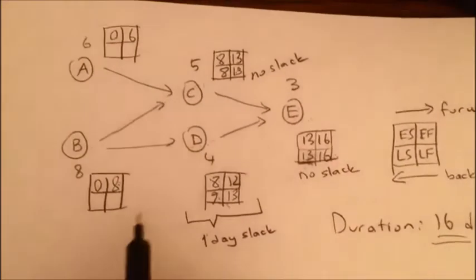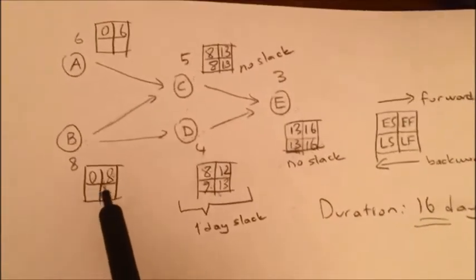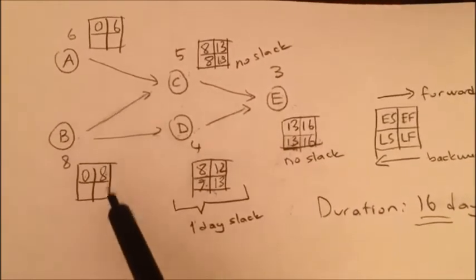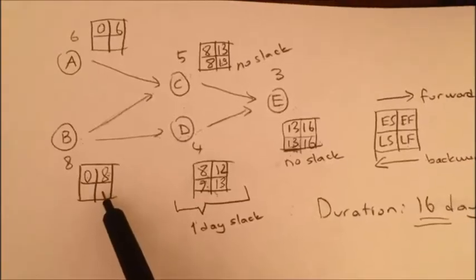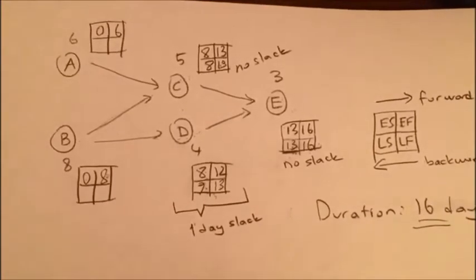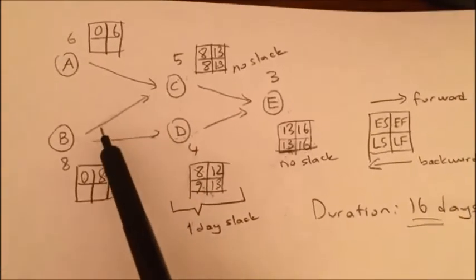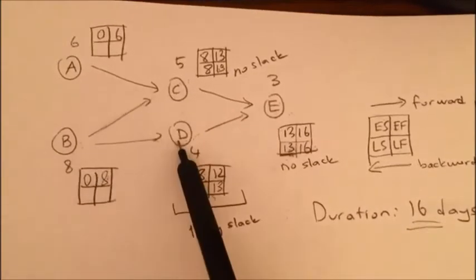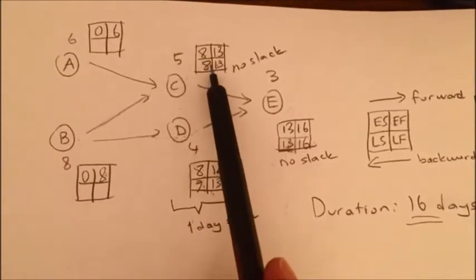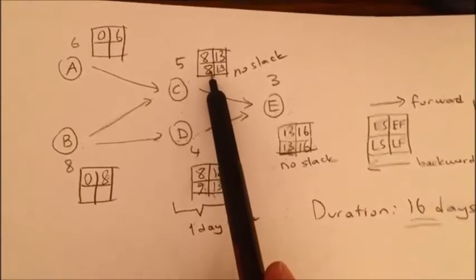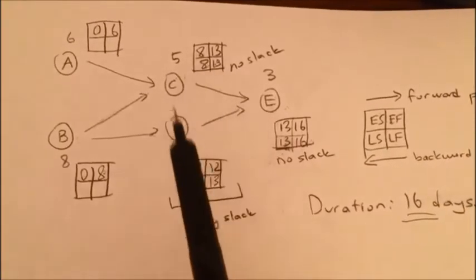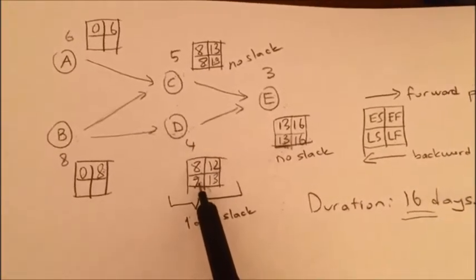And no slack here. And take a look at B. Now just maybe pause the video and think for yourself. When can I finish B the latest? You can realize that B has 2 followers, and C has to start at 8 at the latest, but D can be delayed to 9.